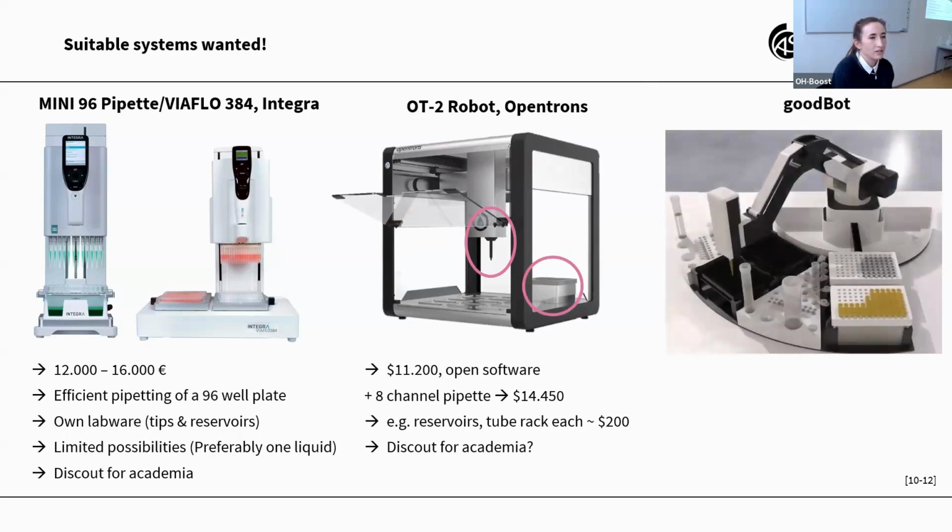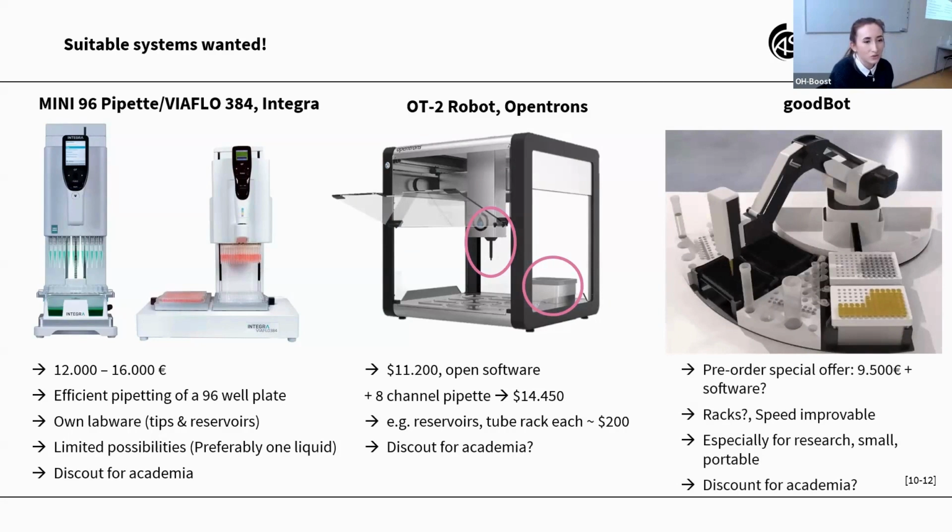And a very new guy on the market is GoodBot. It's equipped with a single channel pipette, and the pre-offer special price from last year was 9,500 euros, with additional costs for the software. I think that's an additional 150 euros per month, so it's not that cheap.